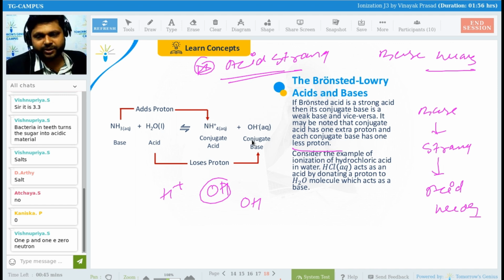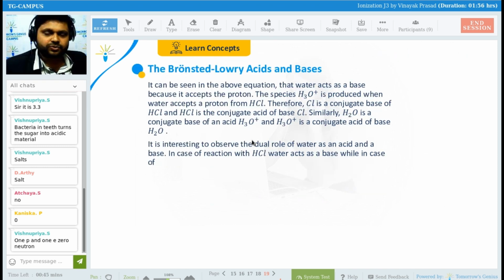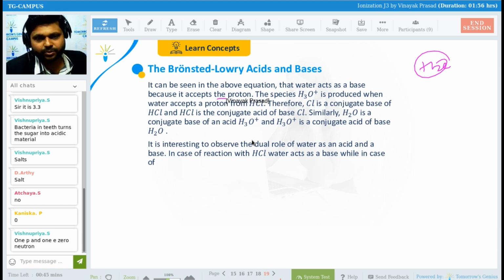Now see here, hydrochloric acid in water: HCl acts as an acid by donating a proton to the H2O molecule, which acts as a base. So we cannot say that water is only a base or only an acid. It depends on the molecule. From the above equation, water acts as a base because it accepts the proton.